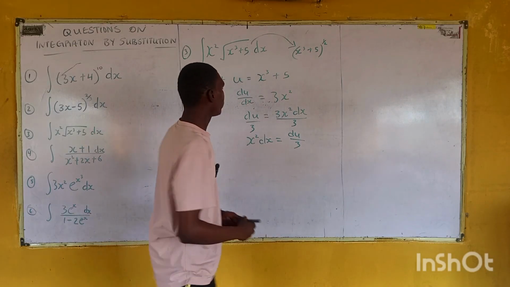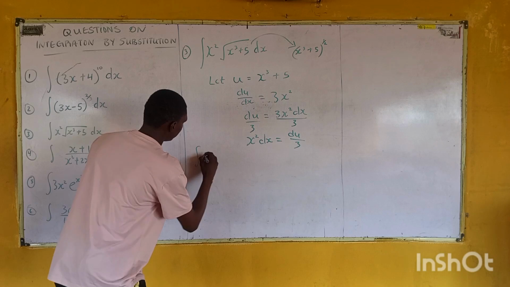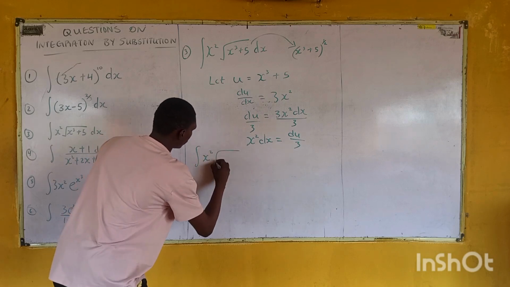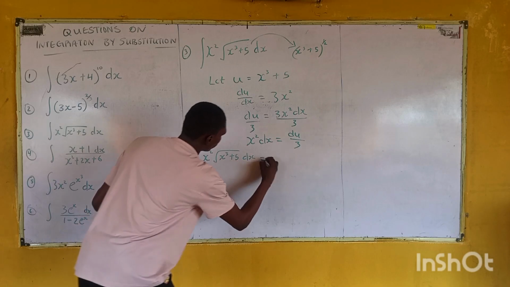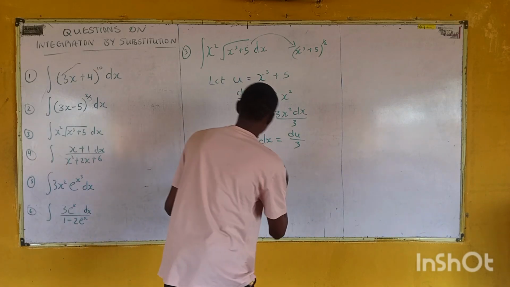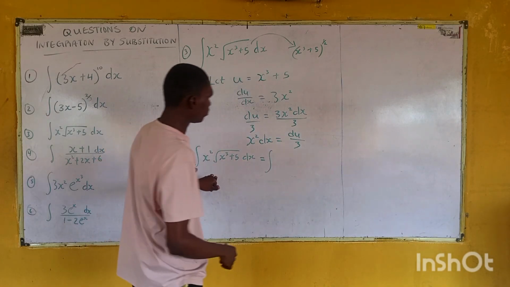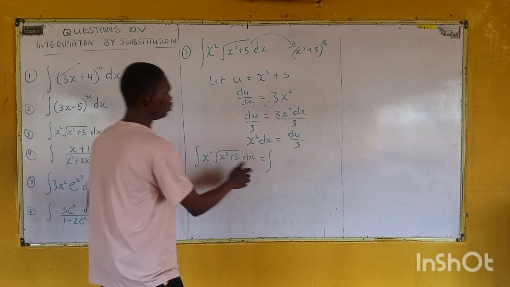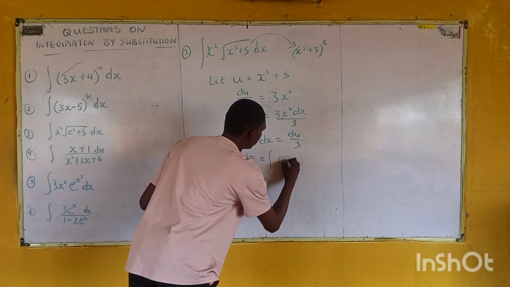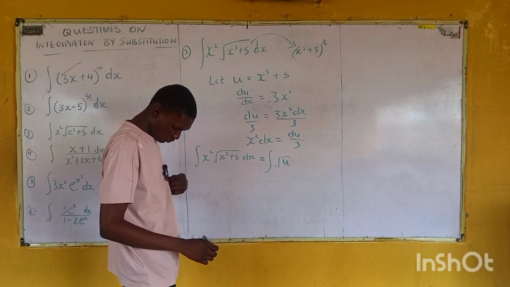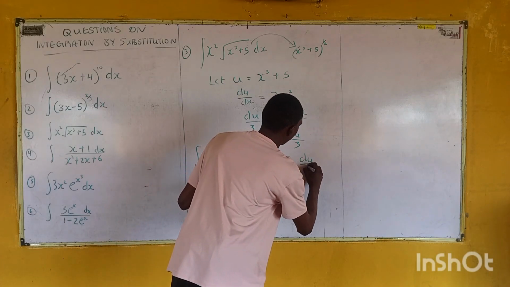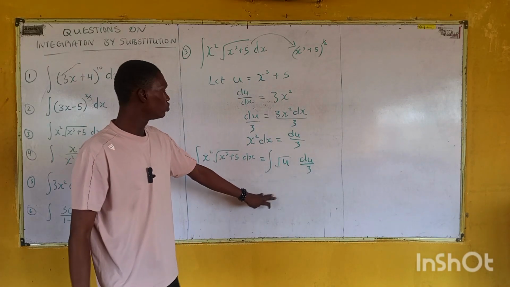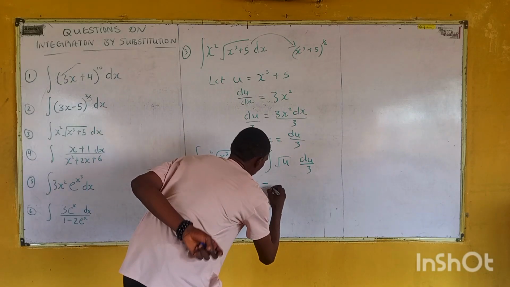Now we can go back to our question and say the integral of x squared root of x cubed plus 5 dx is equal to the integral of root u, du over 3.